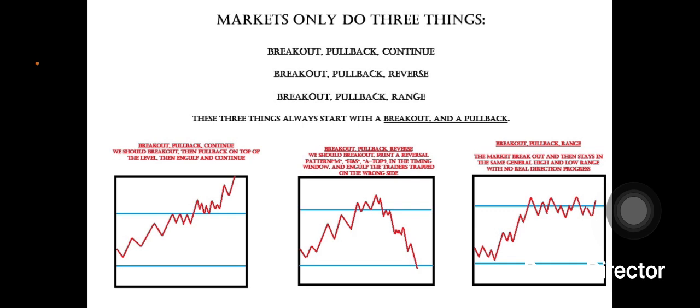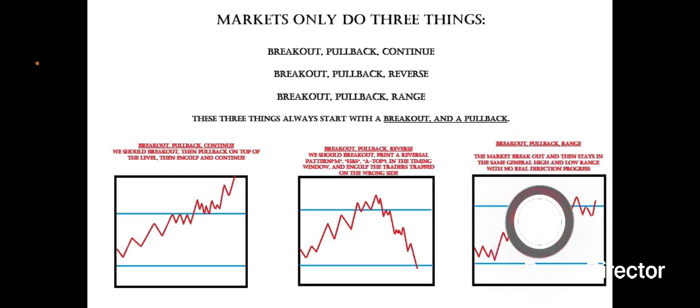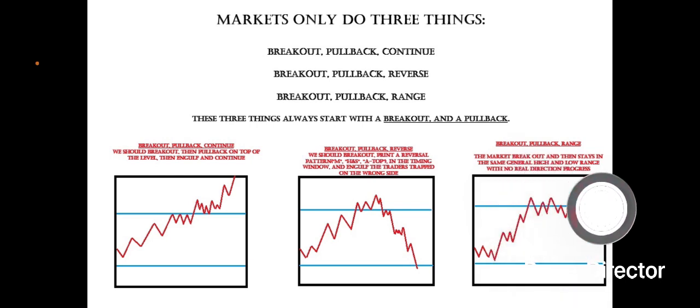And in the last scenario, we have our breakout, pullback, trading range type of thing. This is where the market breaks out and then stays within the same general high and low range with no real directional progress. We break out of that level, but then we just coil sideways at that level, never really going any higher or any lower. And that can happen.